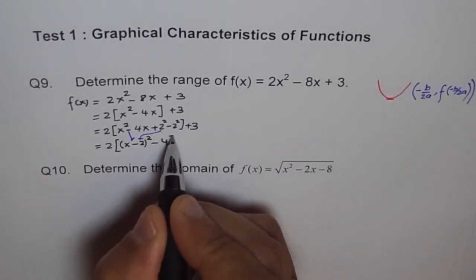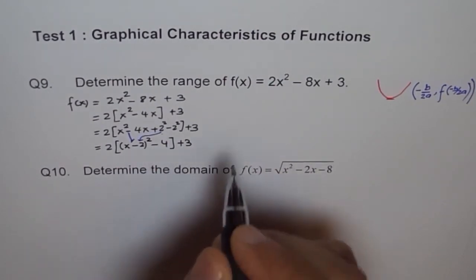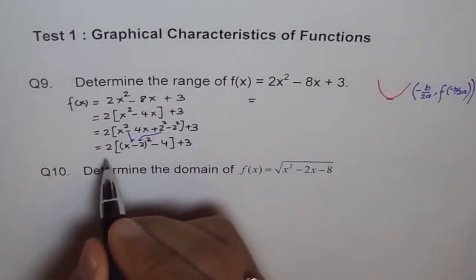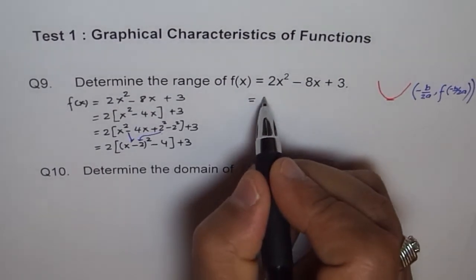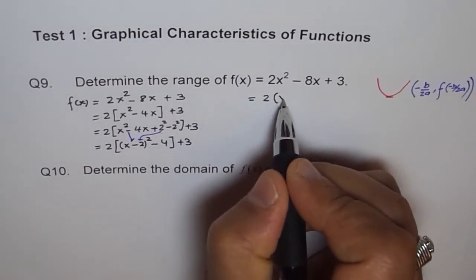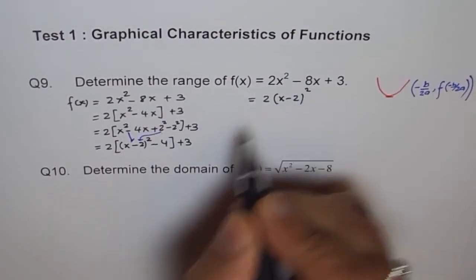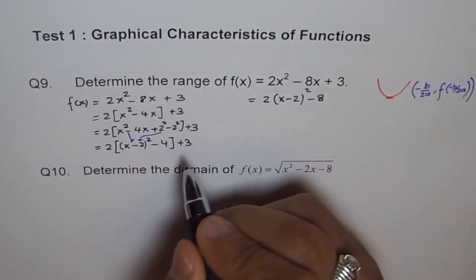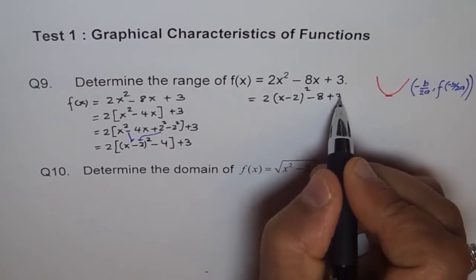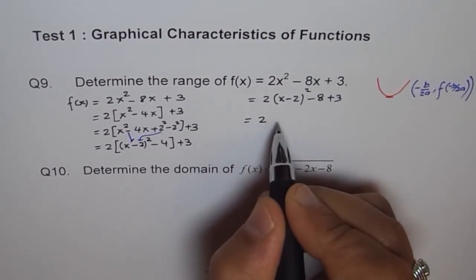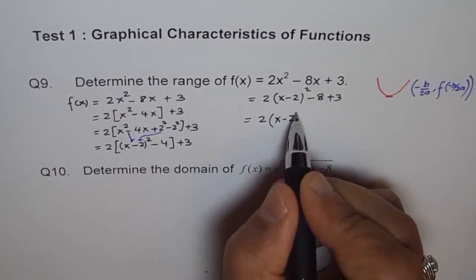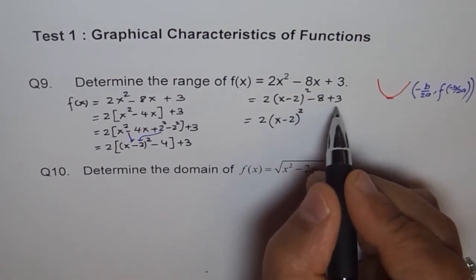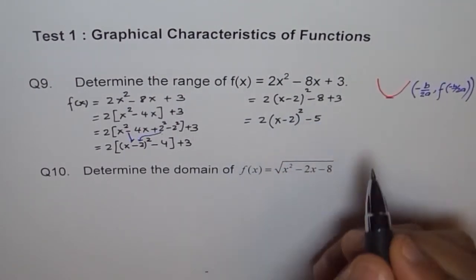Minus 4 plus 3, and then we can open the bracket now. We say 2 times x minus 2 whole squared. 2 times minus 4, when you multiply them you get minus 8, plus 3. So you get your function as 2 times x minus 2 squared, and minus 8 plus 3 is minus 5, right?